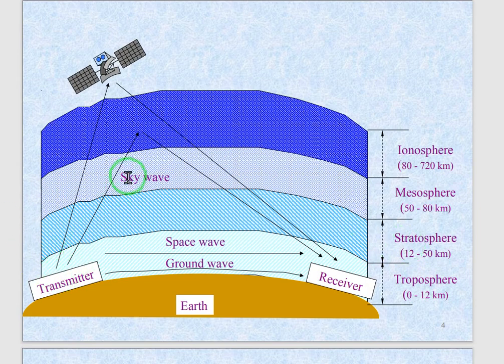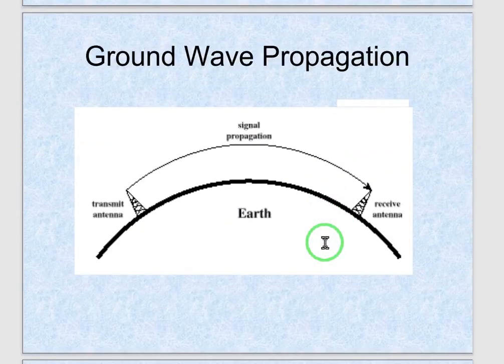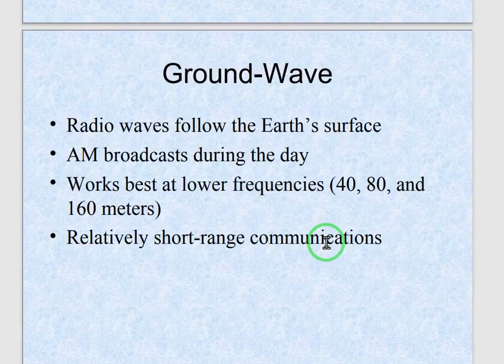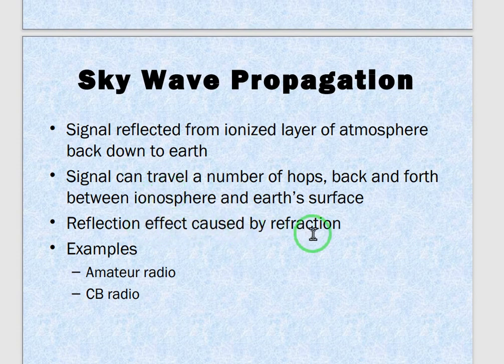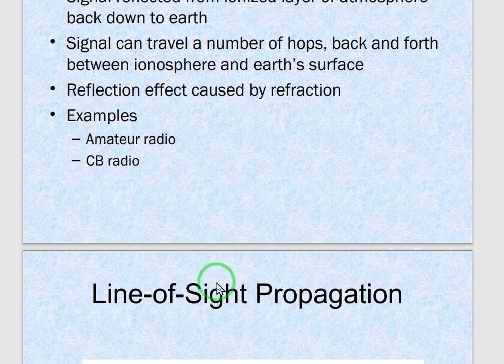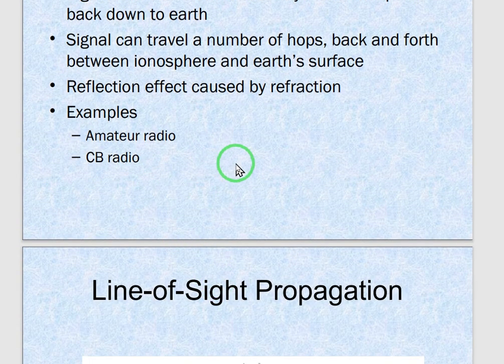That is the sky wave, which basically goes above the atmosphere and is reflected back, usually from the ionosphere, back to the receiver. The reflection effect is caused by refraction. Examples are amateur radio or CB radio.